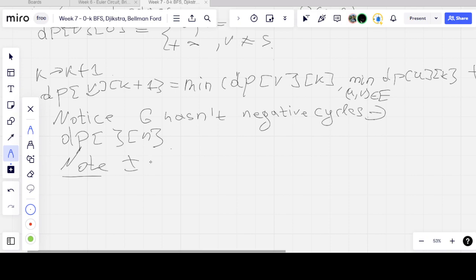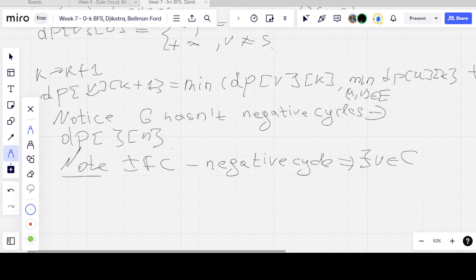So note, if there is a negative cycle, then it exists where?